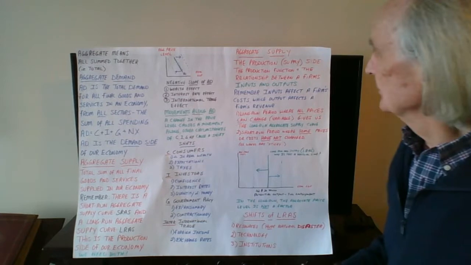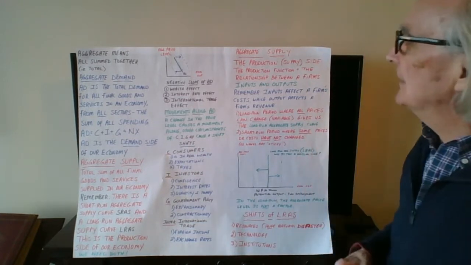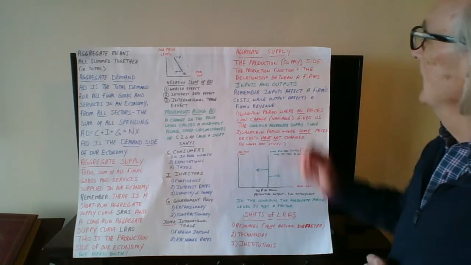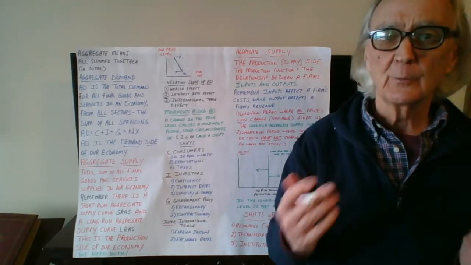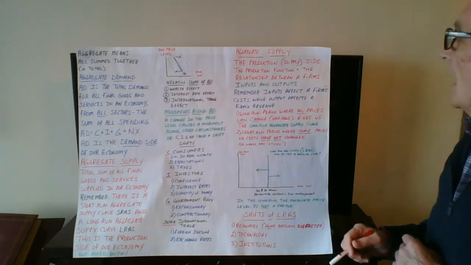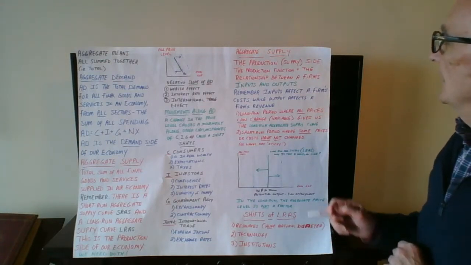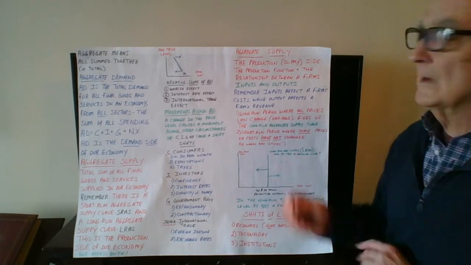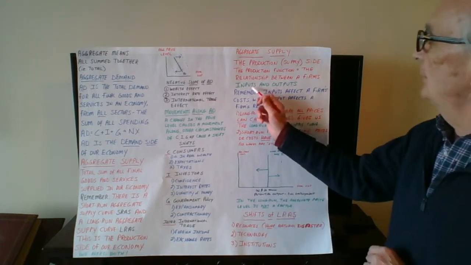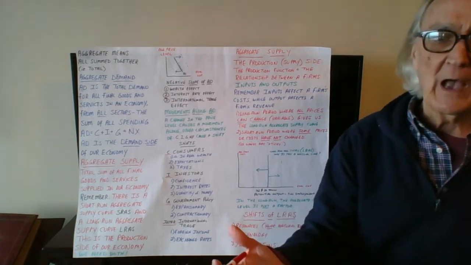All right. So that takes care of aggregate demand. Then we talk about aggregate supply. That, again, is the production side of the economy. Now, when we look at the relationship in a firm, and I know this is more of a micro issue, a firm uses inputs to produce output.